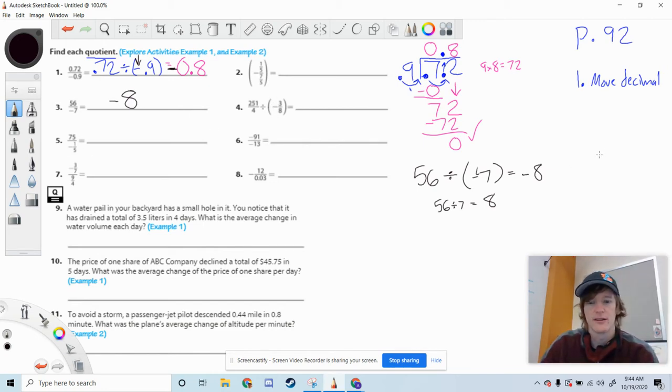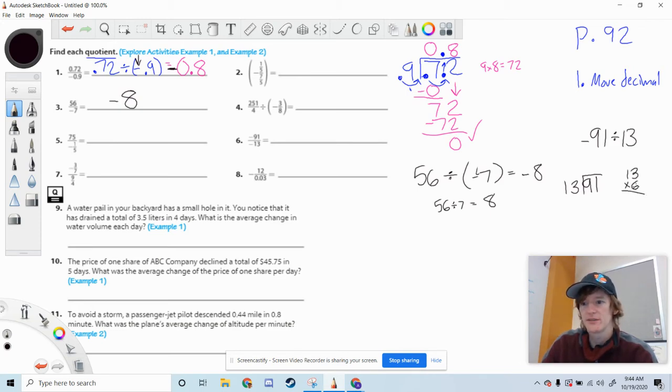Let's do number 6. We've got negative 91 divided by 13. Now, if I set this up with standard division again, let's do that. So we've got 91 divided by 13. How many 13s are in 91? I'm not really sure, so let's go ahead and do 13 times, I don't know, how about 6?